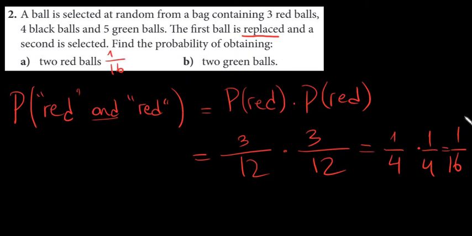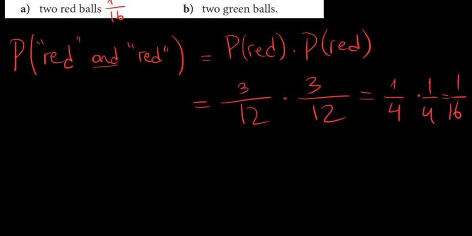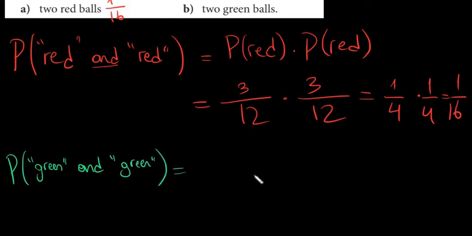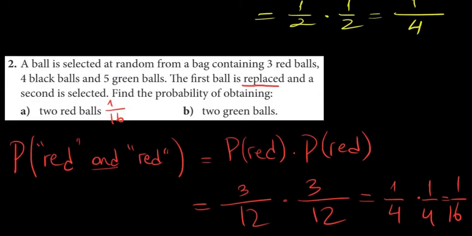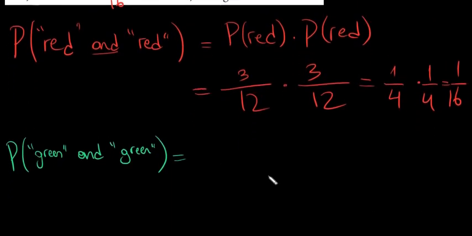So for the 2 green balls, we are going to use the same idea. Exact same idea. Let me use another color. I want to get in the first selection a green ball, and in the second selection a green ball again. So now what is the number of green balls? 5. 5 over 12.